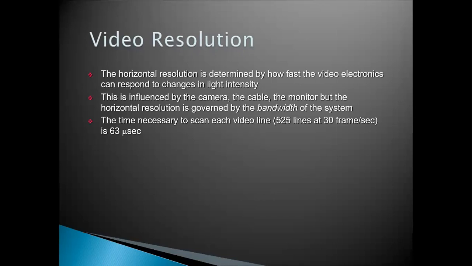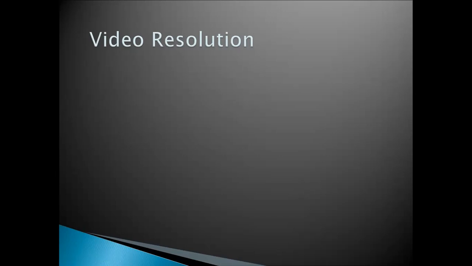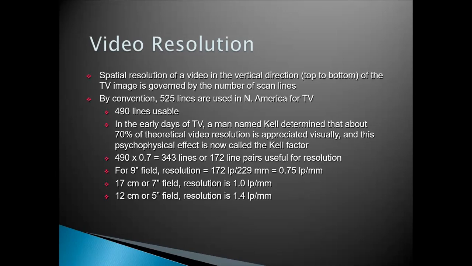So for resolution, we talked about the horizontal resolution being determined by how fast the electrons respond. It is influenced mainly by the bandwidth. The bigger the bandwidth of the system, the better the video resolution on the horizontal axis. Whereas the spatial resolution in the vertical direction is determined by the number of scan lines.